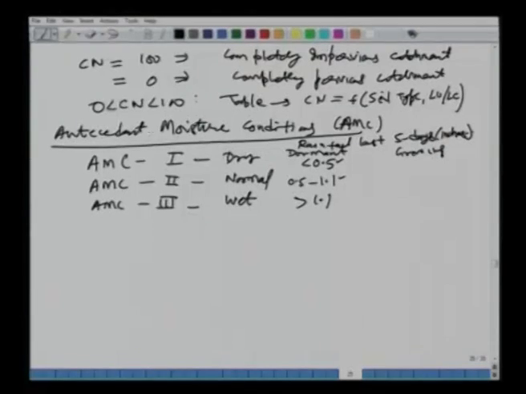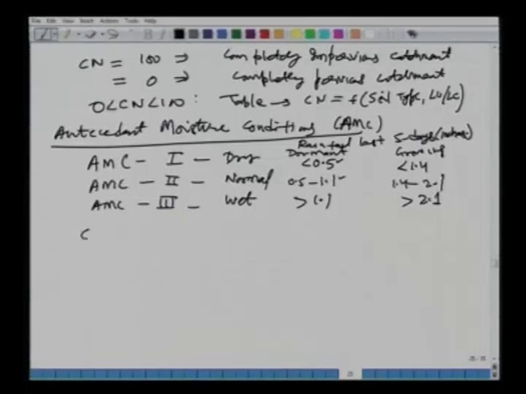And in the growing season, this is less than 1.4 inches, this is 1.4 to 2.1 and this is greater than 2.1. So, we take the last 5 days rainfall data and find out the current or antecedent moisture condition, and then we look at the equations which can be applied.